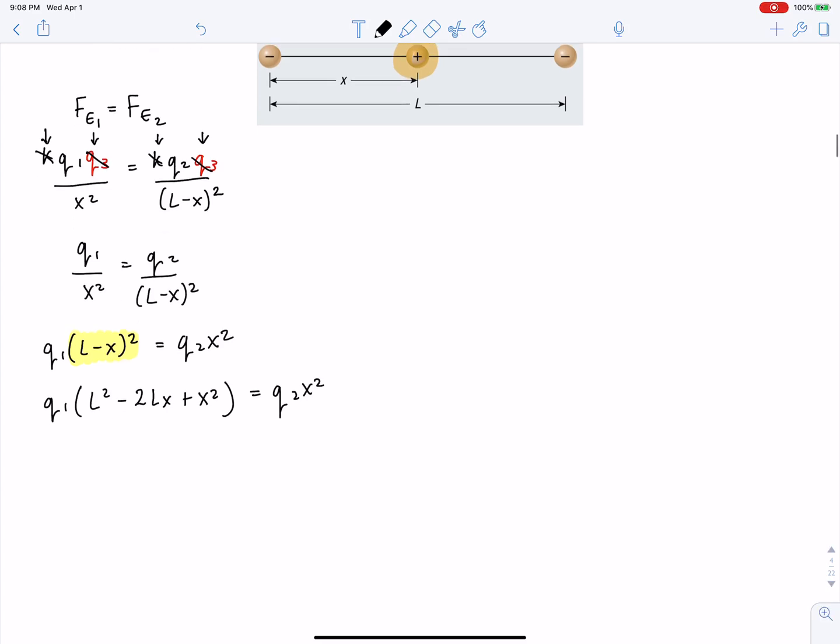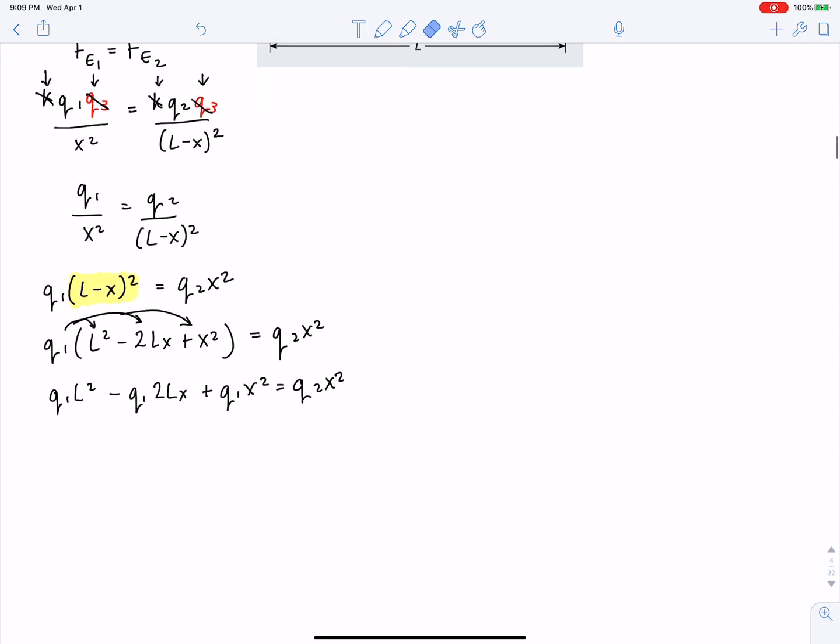Now we're going to distribute this Q1 across all three terms. We have Q1 L squared minus Q1 2Lx plus Q1 x squared equals Q2 x squared. Okay, we're going to collect like terms and see if we can solve this equation. So we're going to bring everything over.